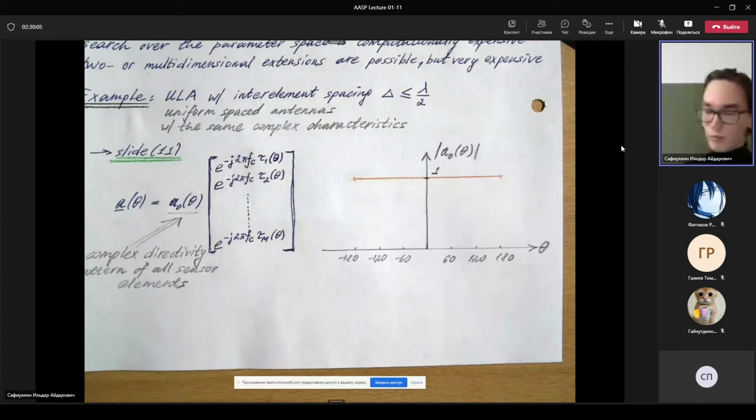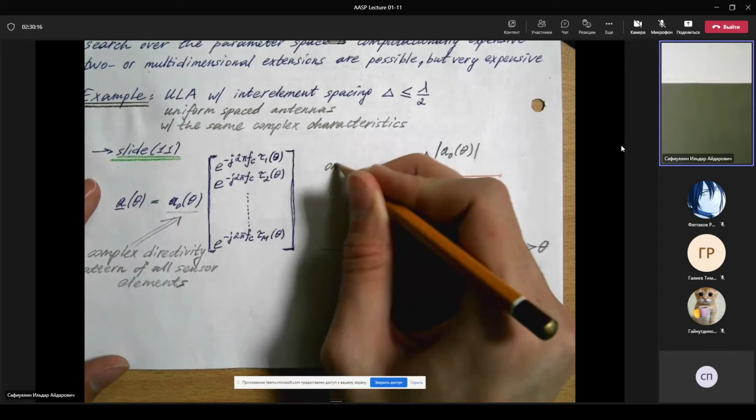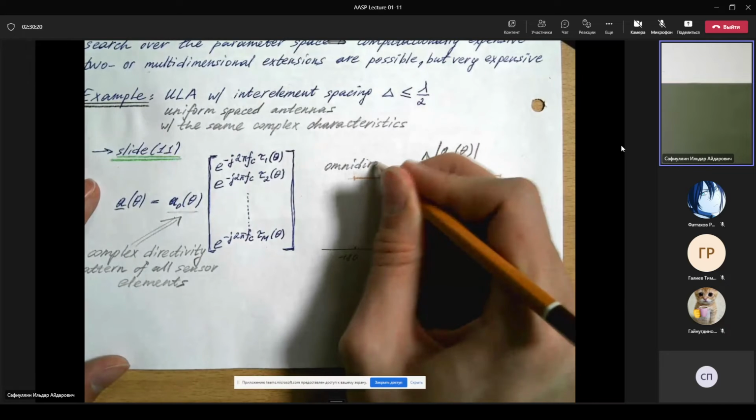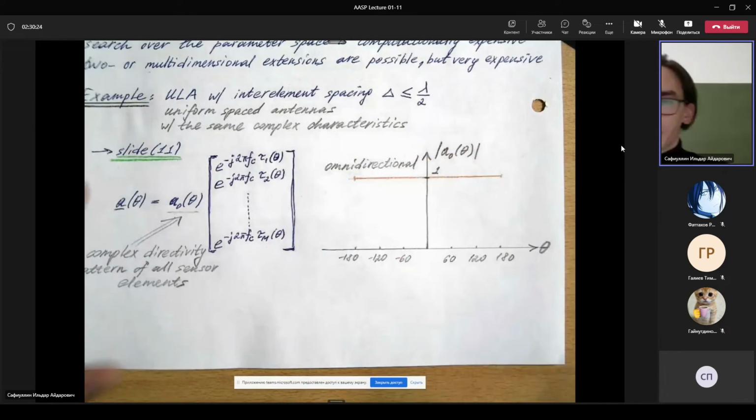And we call this complex directivity pattern omnidirectional. Omnidirectional pattern.